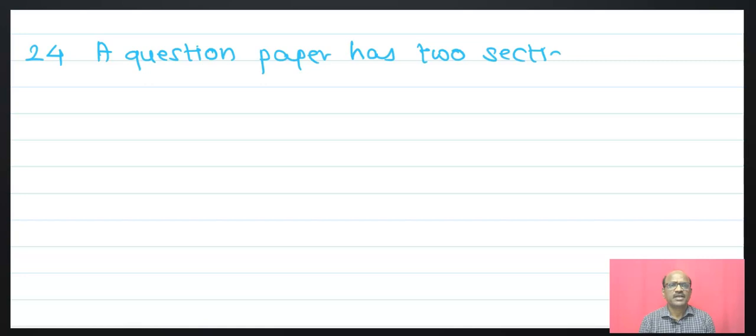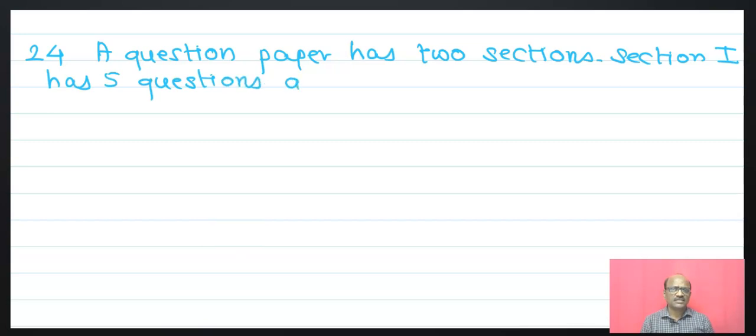A question paper has two sections. There is section 1 and section 2. Section 1 has 5 questions and section 2 has 6 questions.